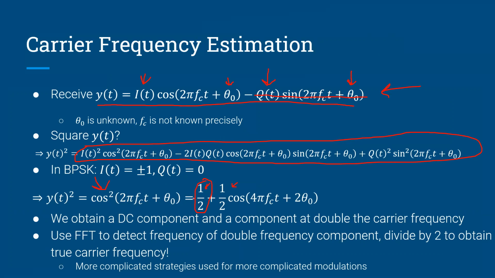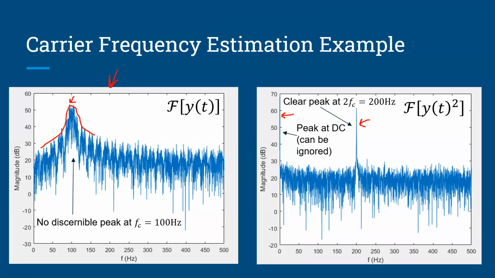It can be ignored because it's very easy to distinguish between the DC component and the double frequency component, because we have two distinct peaks. We know the one at 0 hertz is DC, and the other one must be double the carrier frequency. So you just ignore the DC and look at the other one.